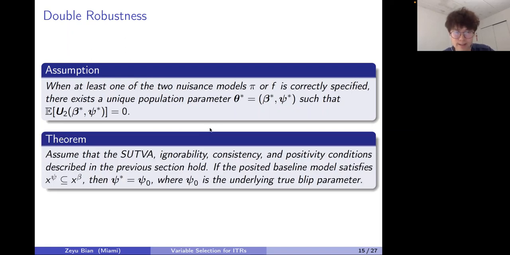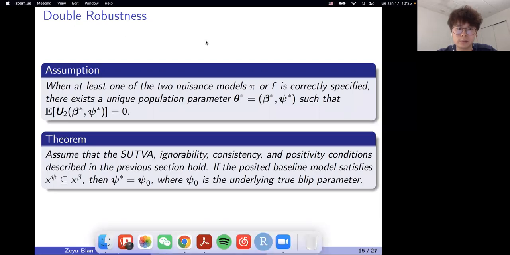And now we have this theorem. Assume that all the causal assumptions hold. If the posited baseline model satisfies this condition, Xi is a subset of the X beta. That is, the covariates in the Blip model are contained in the covariates in the baseline model.